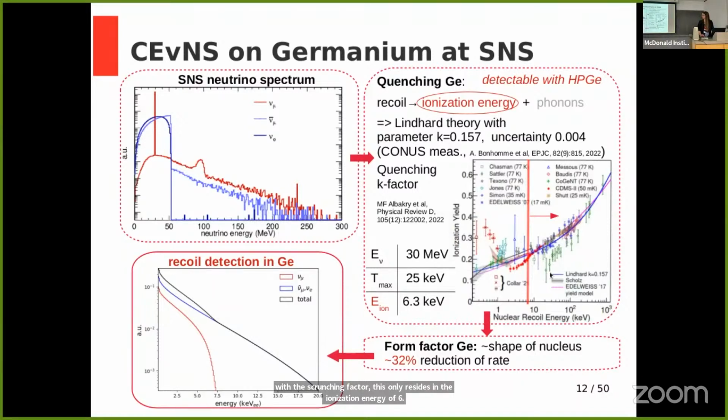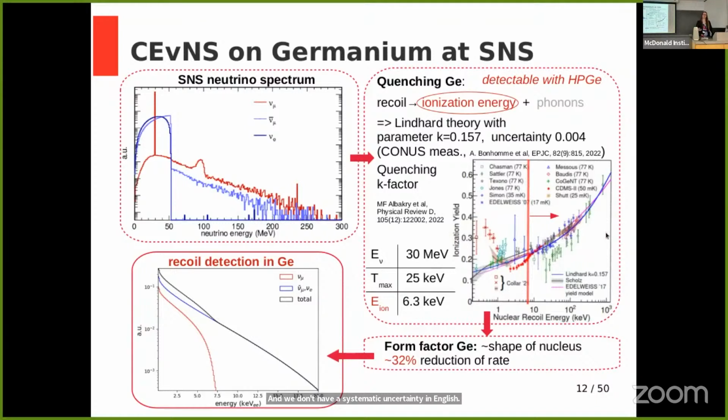It turns out that there's a lot of data that confirms this Lindhard theory, and there are some discrepancies at low energy. However, there's no real foundation for that. For the analysis that I'm talking about here, we actually set the energy threshold at a value where all of these discrepancies don't matter. We can just apply the Lindhard theory, and we don't have a systematic uncertainty.